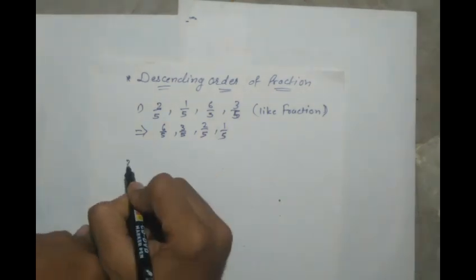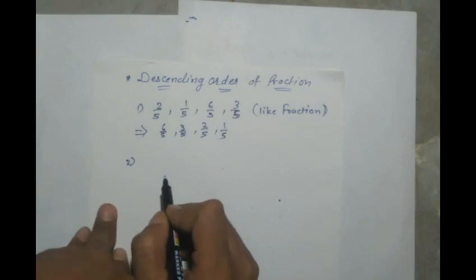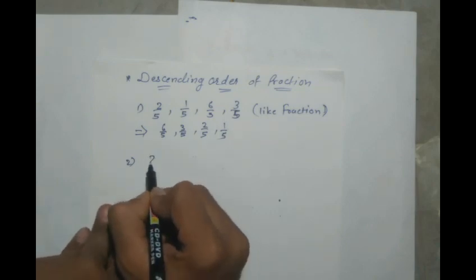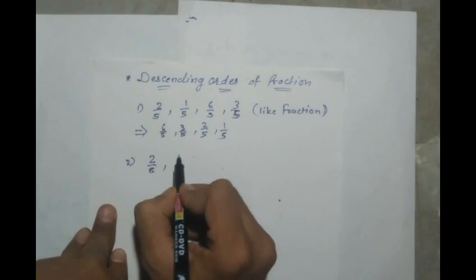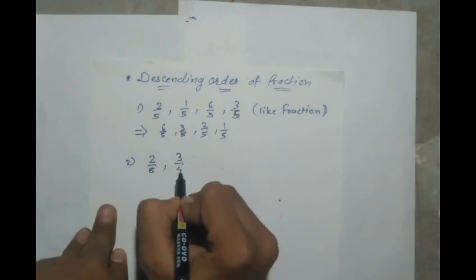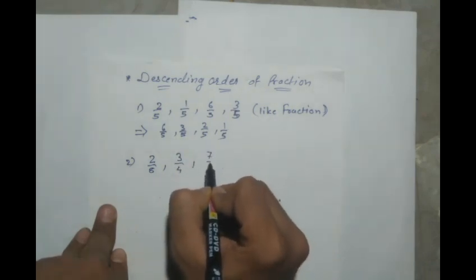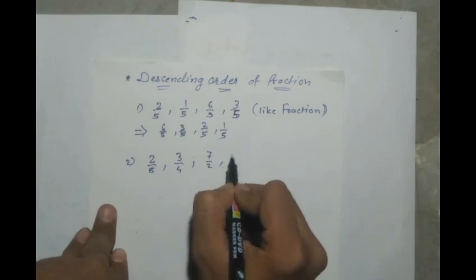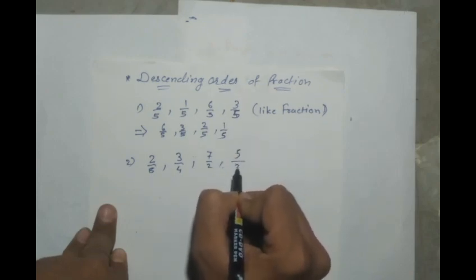Now let's take unlike fractions: 2 upon 8, 3 upon 4, 7 upon 2 and 5 upon 2.